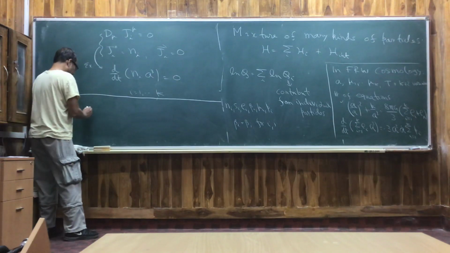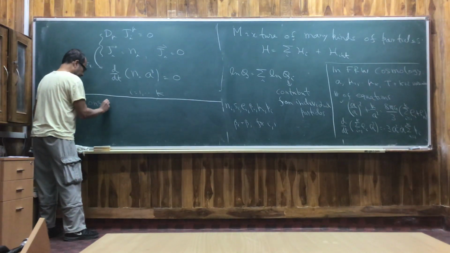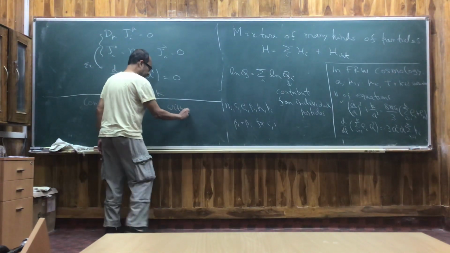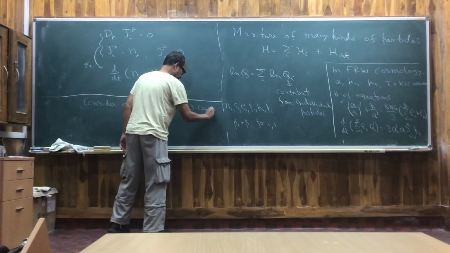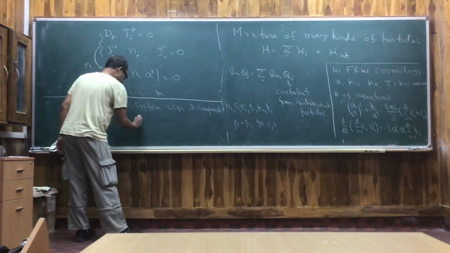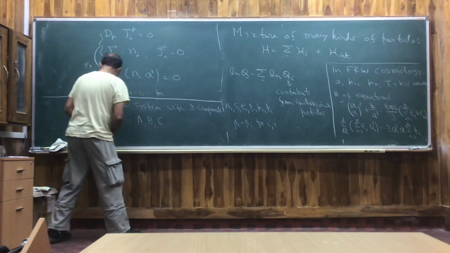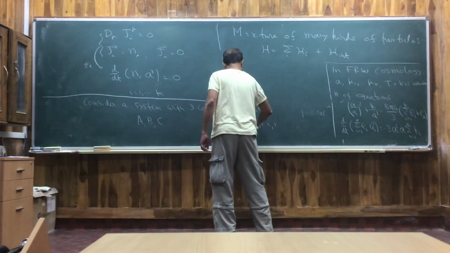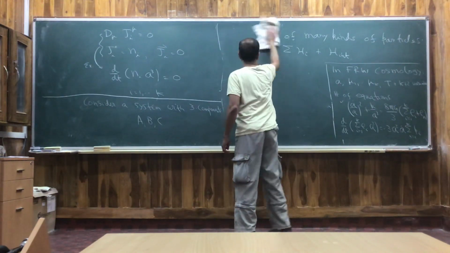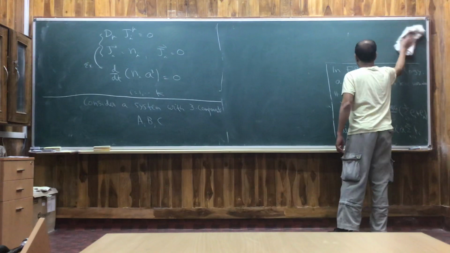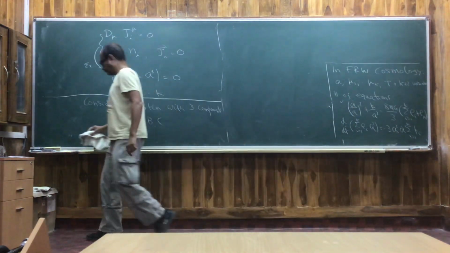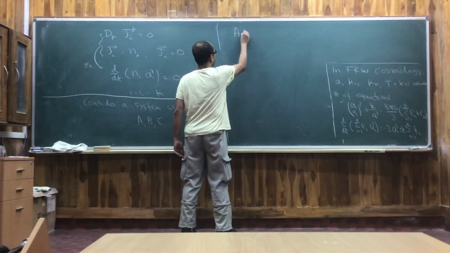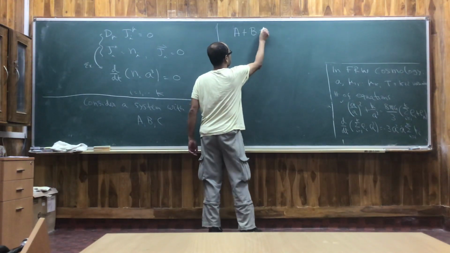So consider a system with three components, A, B, C. And let's suppose that we have a process A plus B going to C plus C, or vice versa.